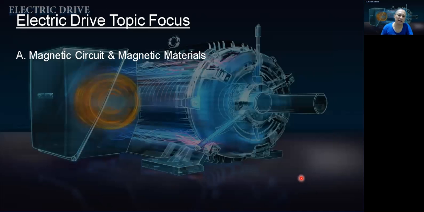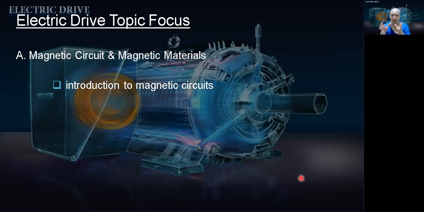Okay, let's quickly discuss the topics this course focuses on. First, we will talk about magnetic circuits and magnetic materials. This is the basic, the introduction of magnetic circuits. When we talk about generators or motors, they comprise magnetic circuits. A ferromagnetic material is put in there and wound with current-conducting wire.